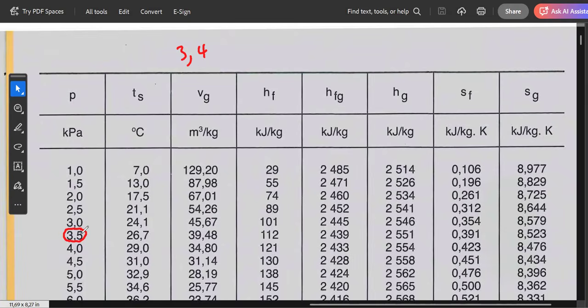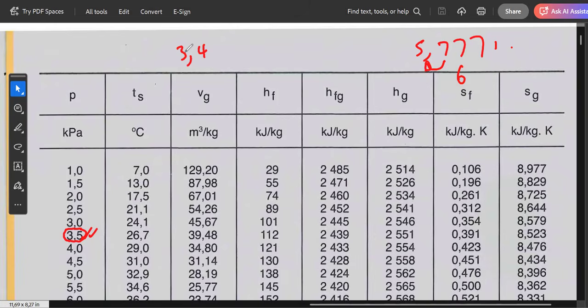We can just take a value which is closer to that, which is 3,5. All right? Instead of taking what? The 3,0 compared to what you have from the steam tables. If you have got a value 5,777 and so on, you round off to the nearest whole number, which is going to give us 6.